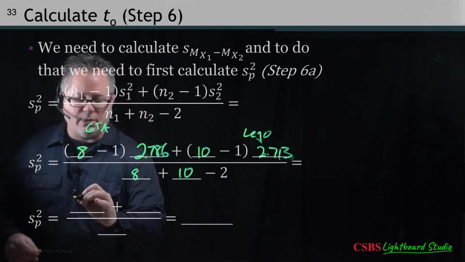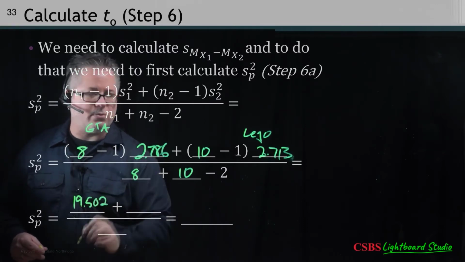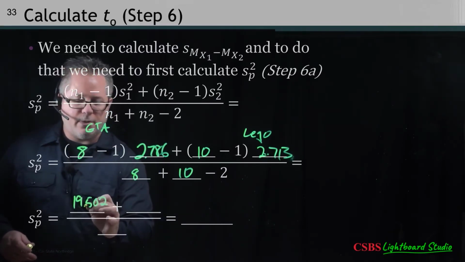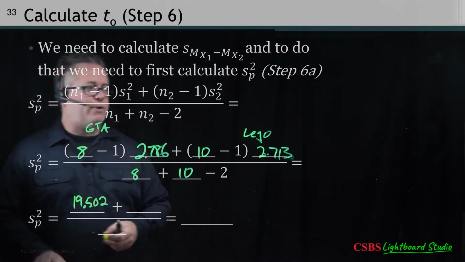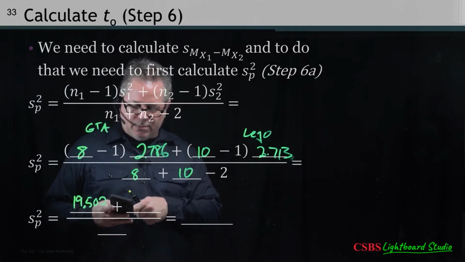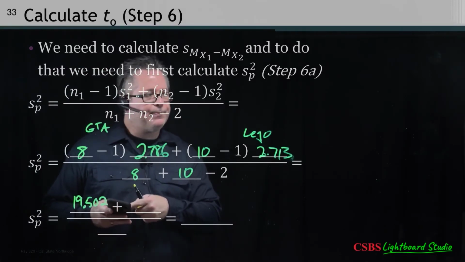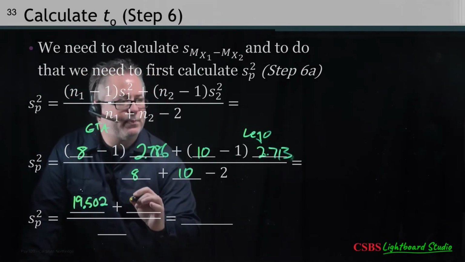So I can put that number here. 19.502 is the weighted variance for group 1. And if I do 9 times 2.713, I get 24.417, which goes here.